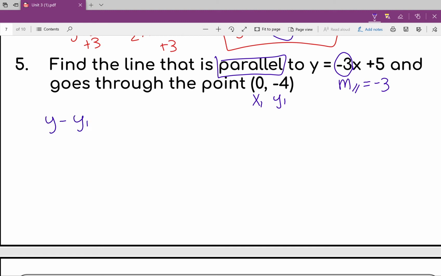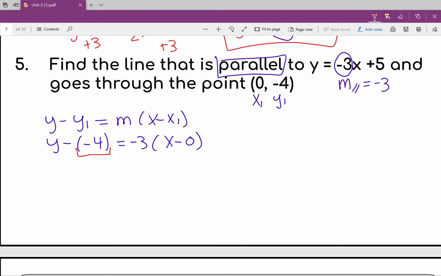y minus y1 equals m(x minus x1), and then I plug all the numbers in. y minus negative 4 equals negative 3 (x minus 0). Okay, this was a mistake that a lot of you made on the test: you forgot to put the negative number in parentheses. The reason we put it in parentheses is so we don't confuse it with the minus sign.